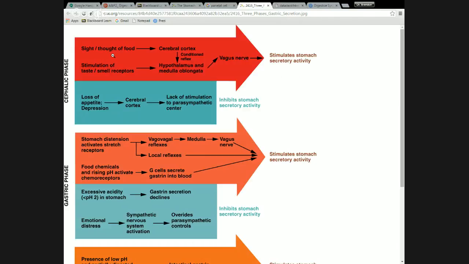Or if you're walking across campus and you go that direction over there, what are you going to pass once you get off campus? Burger King, right. And what are you going to notice about the Burger King that's going to activate the cephalic phase? They pump smells out, like the fries or something like that.